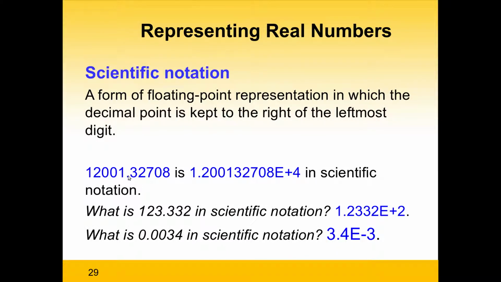Then we count how many decimal places we have moved: 1, 2, 3, 4. So this real number is equal to 1.2 and all these digits, times 10 to the exponent plus 4, in scientific notation.